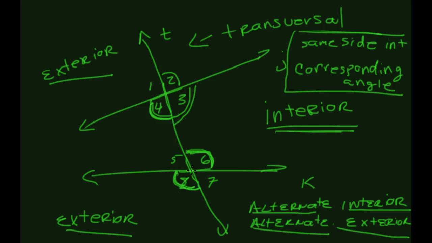So 4 and 8 correspond to each other. 1 and 5 are both up and to the left. 2 and 6 are up and to the right. 3 and 7 are down and to the right. So there are 4 types of angle pairs here: alternate interior, alternate exterior, same side interior, and corresponding.